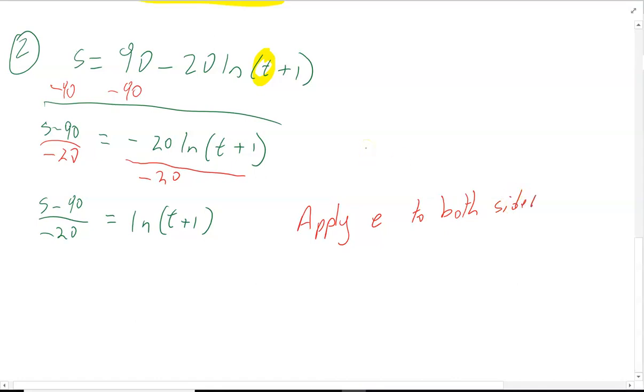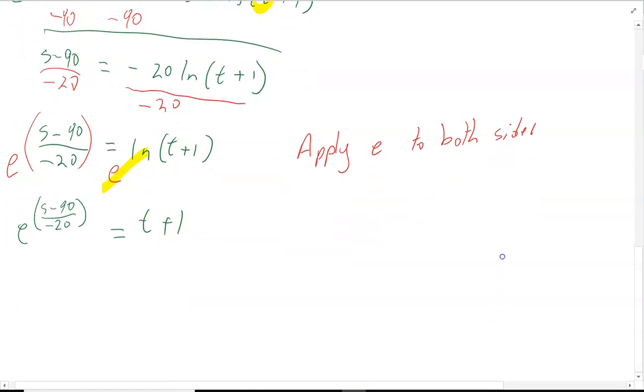If we exponentiate both sides, we'll have e raised to this side equals e raised to the next side. Now notice e and ln are inverse operations. So then it becomes e to the (s minus 90) over negative 20 equals t plus 1.